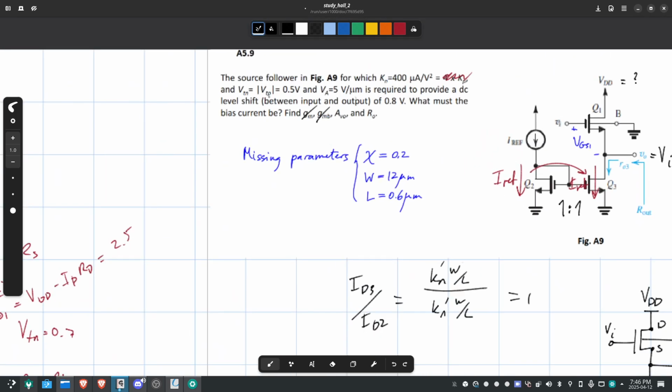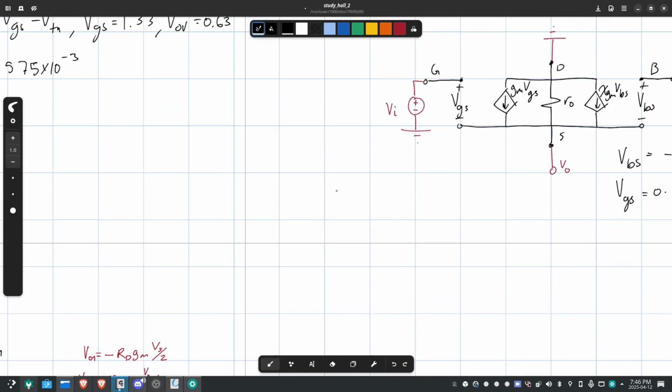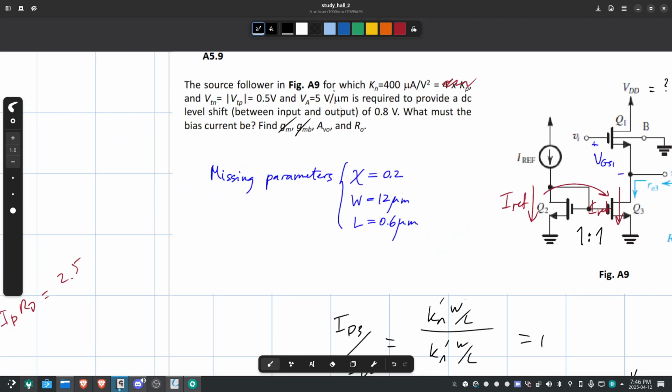Now, we have the formula for RO here. So RO is equal to VA over ID, which is 5 volts per micrometer. Is that the unit for VA? It's not, is it? Isn't it volts per meter? It's VA. It's VA apostrophe. I don't see a... What do you mean it's V?